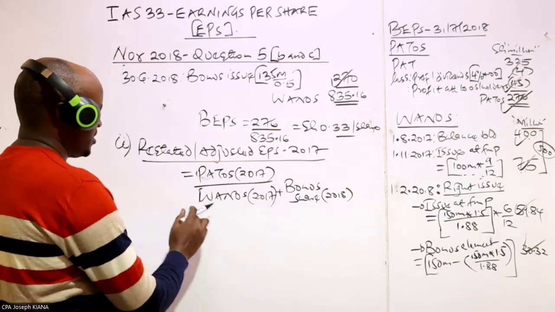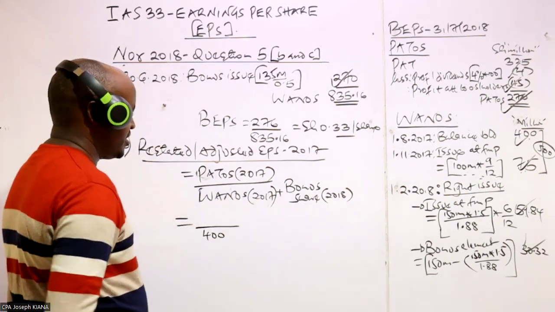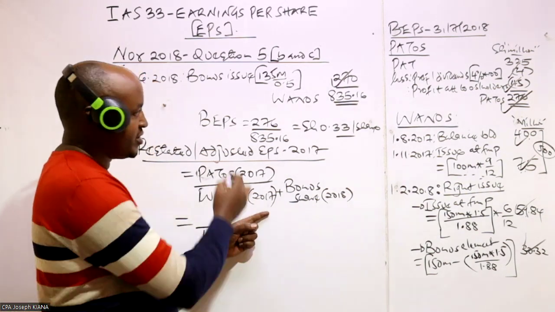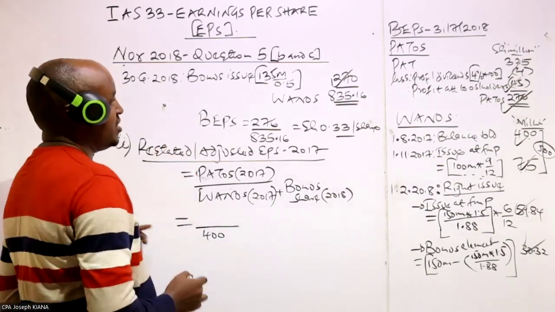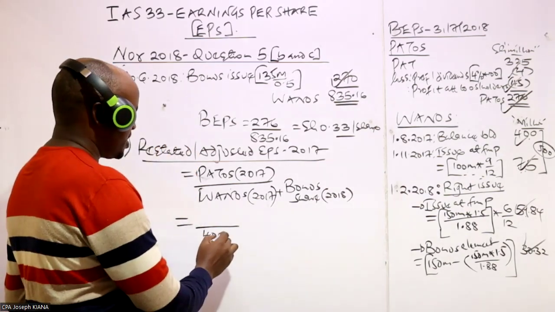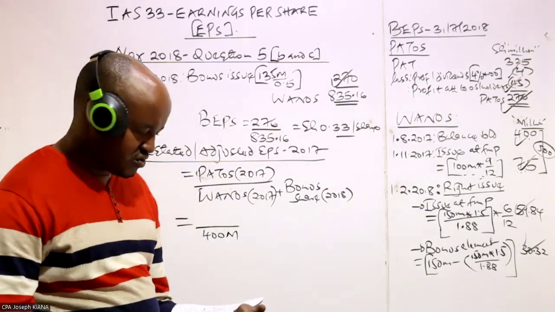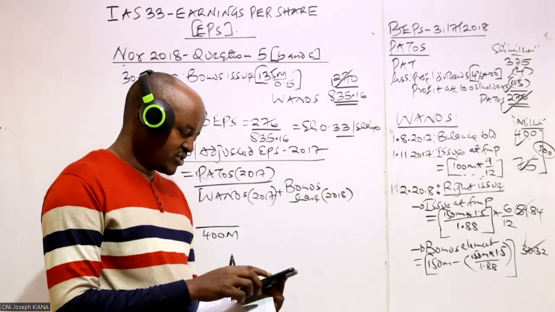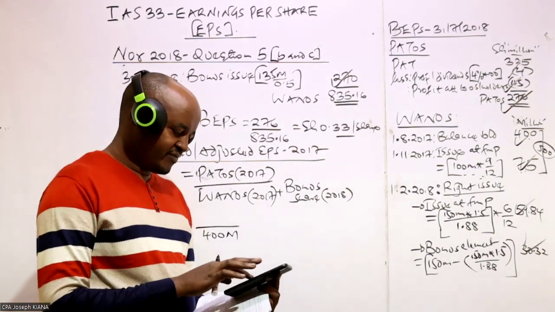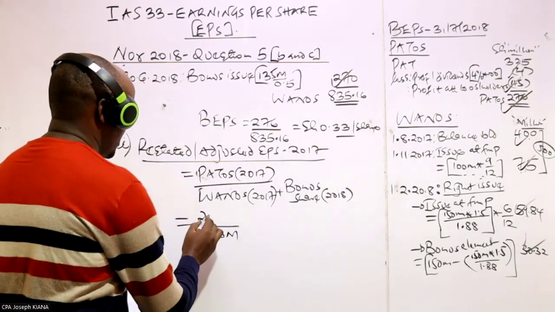So basically in our case, what we used to compute the earnings per share for 2017 was 400 million. And for the PATOS, it was 240 minus 4 minus 30. Yes, it was 206. That was the PATOS.